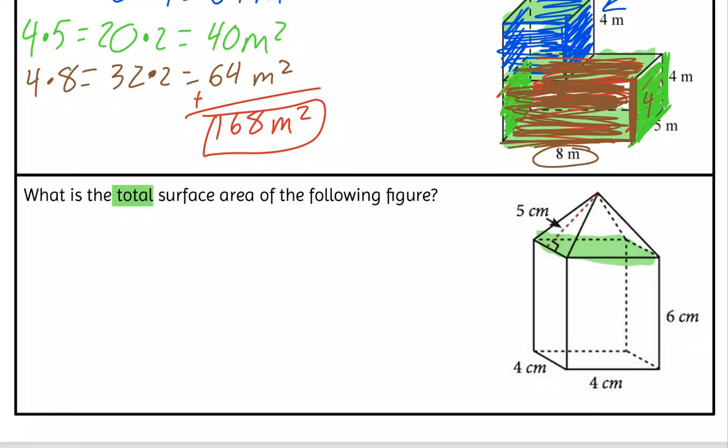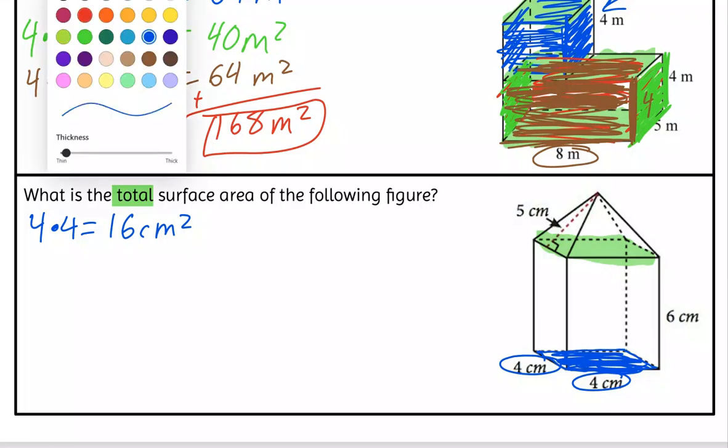So first things first, let's start with the easy stuff. We can find this base down here by doing 4 times 4. That's going to give me 16 centimeters squared. That is this base down at the bottom of my shape.